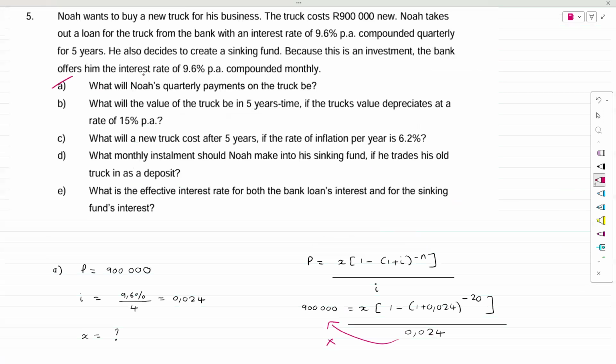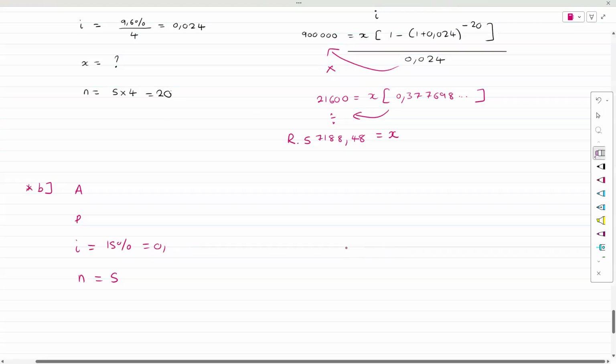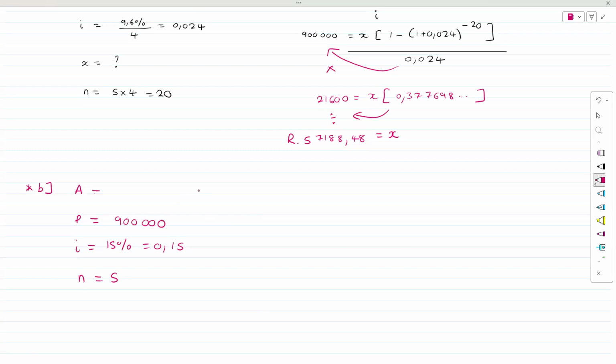Now, what will the value of his truck be in 5 years' time if the truck value depreciates at 15% per annum? So, guys, this is depreciation. Do not forget that the formula is minus A P I N. There's no need to panic. That's 5 years. That's 15%, which is 0.15. His truck value is 900,000, and we don't know what it depreciates to.